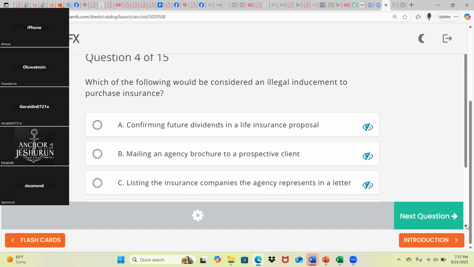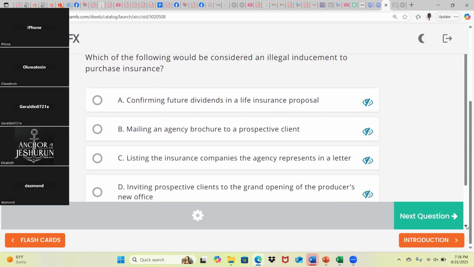Which of the following would be considered an illegal inducement to purchase insurance? A, confirming future dividends in a life insurance proposal.